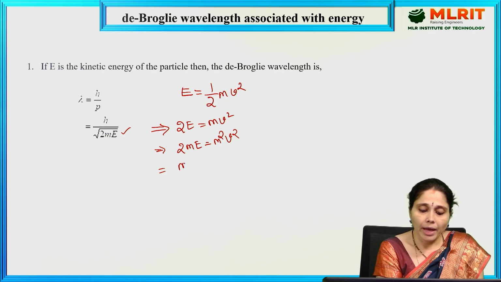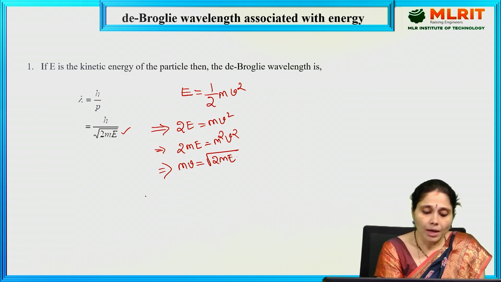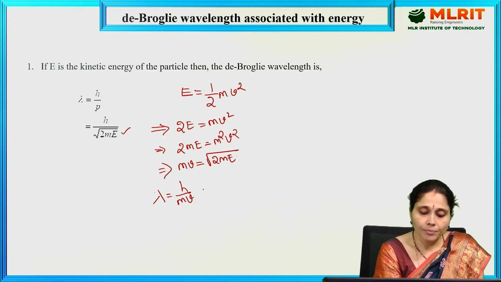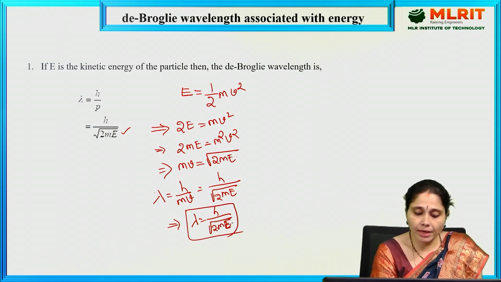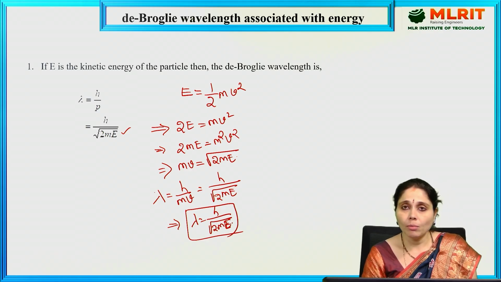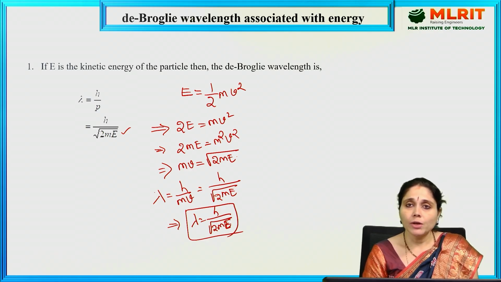So mv equals root over 2mE. We know from the de Broglie hypothesis, lambda is equal to h by mv, and replacing mv with root over 2mE, lambda is equal to h by root over 2mE. If the kinetic energy is given, then the wavelength can be calculated using the formula lambda is equal to h by root over 2mE.